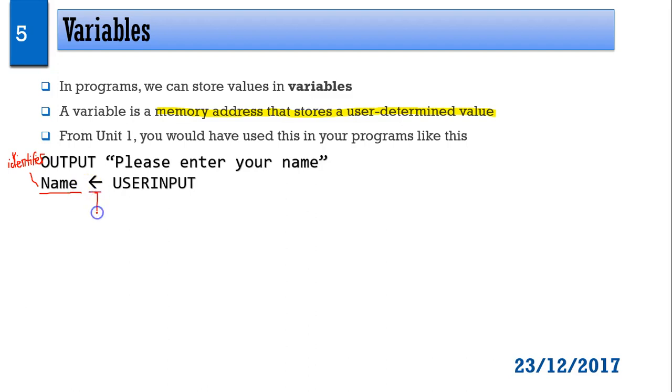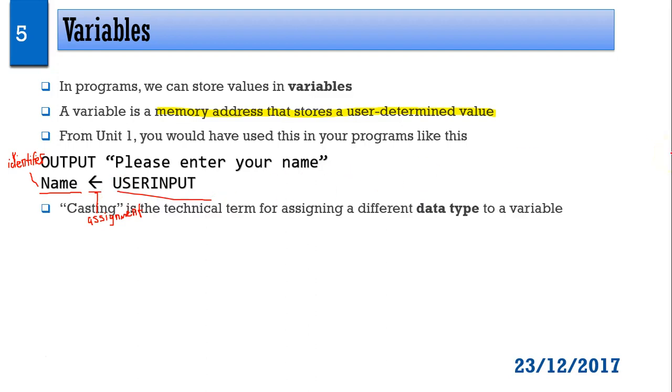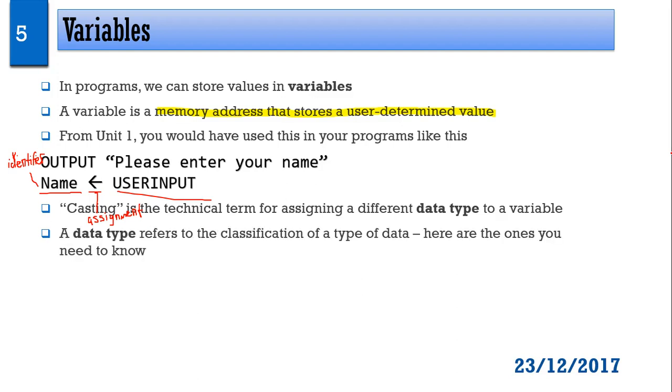The arrow is assignment. Assignment with variables refers to giving it a value. In this case, we are giving it a user input, whatever the user puts in. Casting is the technical term for giving a data type to a value.